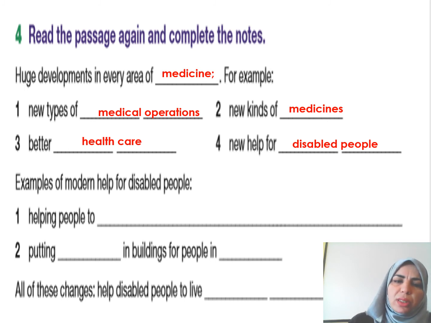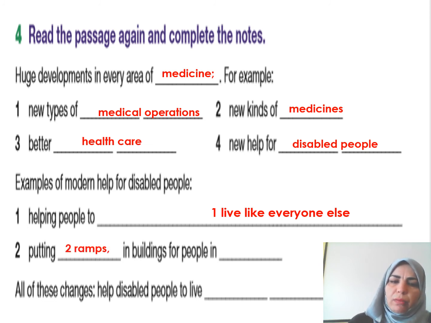Examples of modern help for disabled people. Number 1, helping people to, yes, to live like everyone else. Putting, yes, ramps in buildings for people in wheelchairs. All of these changes help disabled people to live normal lives.